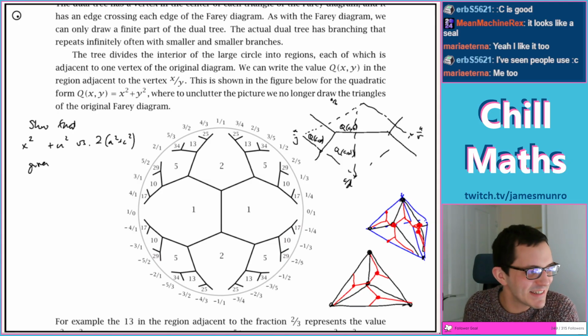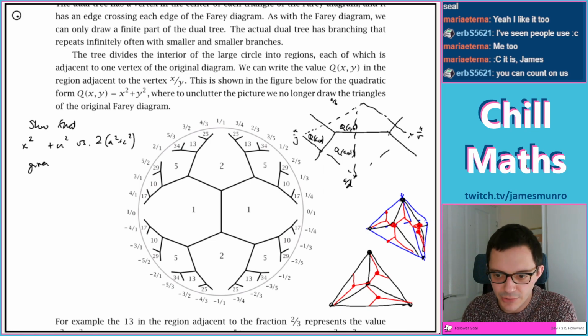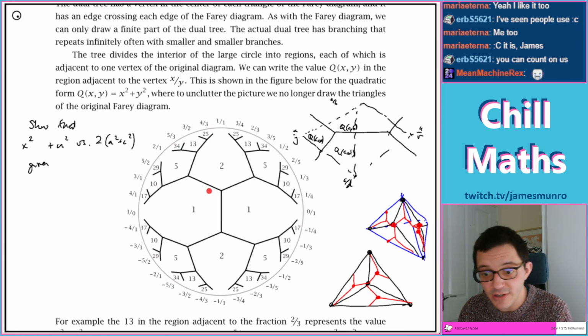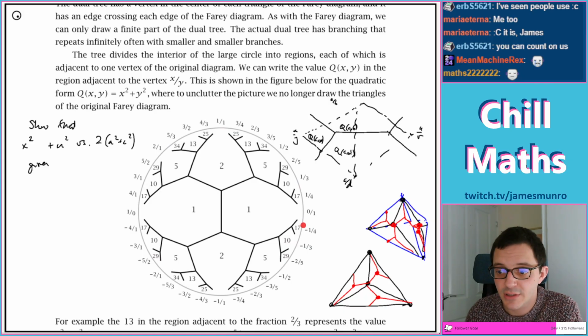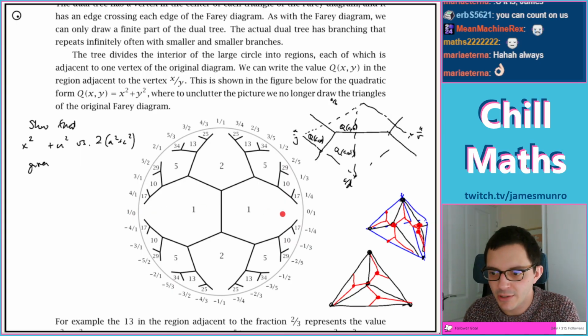Who knows? It's chill maths, isn't it? Right, okay. So we're looking at a diagram which has got around the outside all of the fractions. They're arranged in sort of a mad way, but the way this book arranges fractions around the circle works like this. You put 1 over 0 here, yeah, I know. You put 0 over 1 here, and then halfway in between, you put the fraction where you've added the numerators and added the denominators separately.